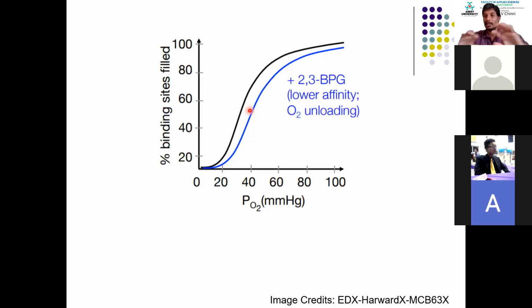That means it will release more oxygen. So binding affinity is low, and more oxygen will be released to the peripheral tissues.